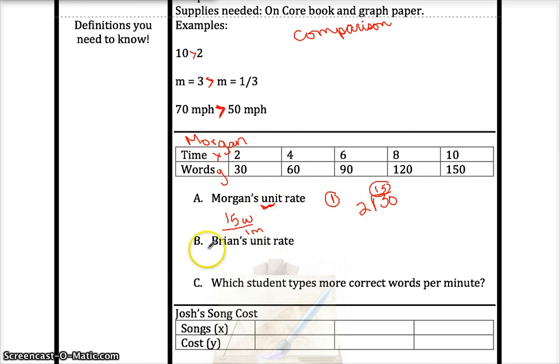Now it's asking us to find Brian's unit rate, but they didn't give us one of these handy charts for Brian. They gave us a graph, and if you look on page 53, his graph looks something like this. His time is down here, and his words are over here. When they give you a graph, it's really easy to find out. You look at number 1 and you see where the graphed line hits on the y-axis.